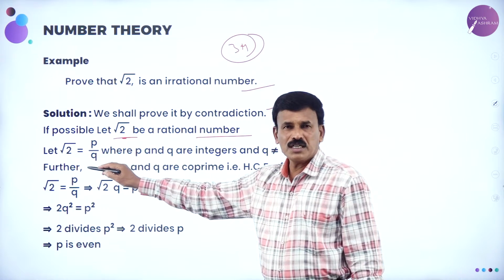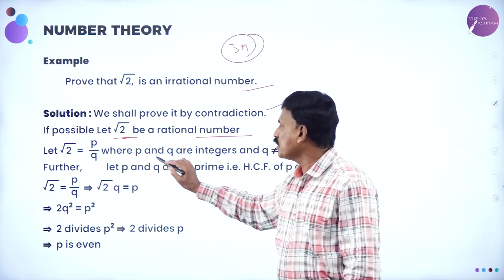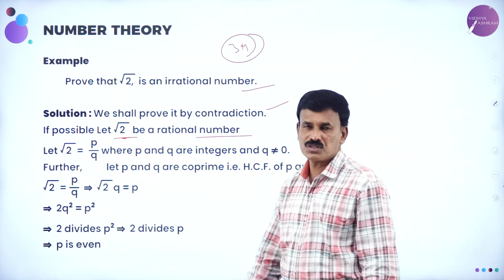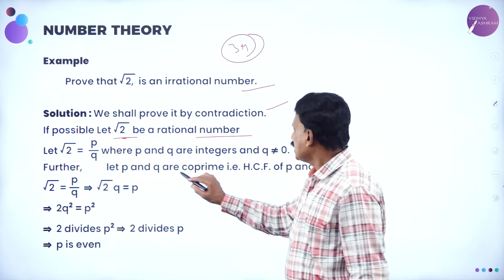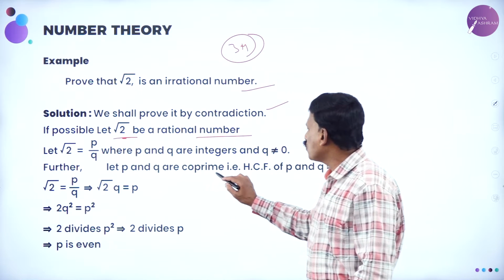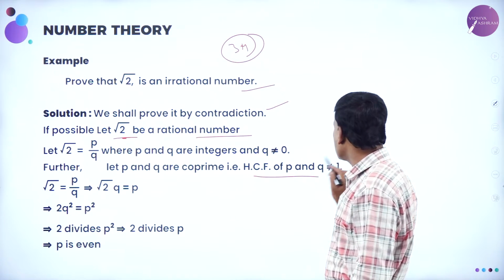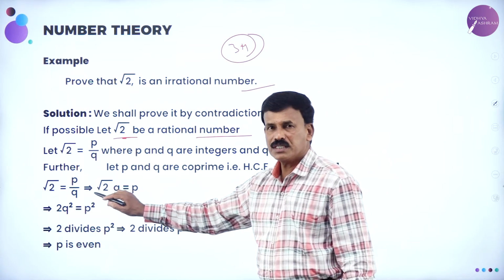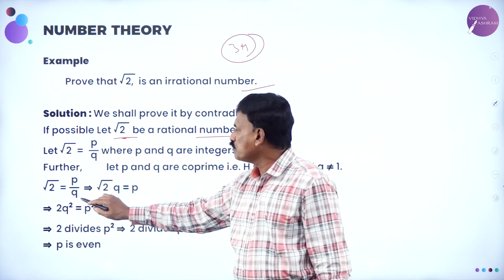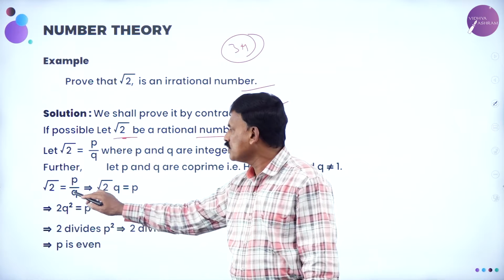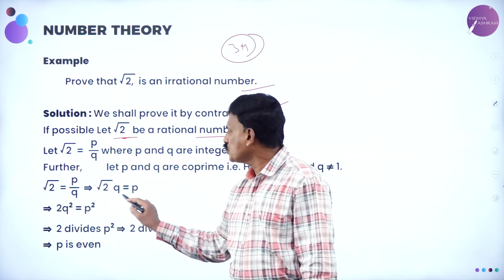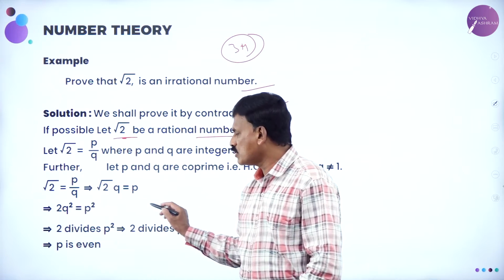That is, let root 2 is equal to p by q, where p and q are integers and q is not equal to 0. Now, let p and q be co-primes, that is, the highest common factor of p and q is 1. So, root 2 is equal to p by q.